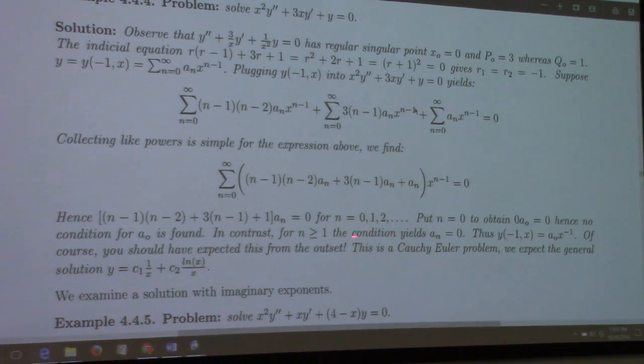So the Frobenius solution with index minus 1 is just a sub naught times x to the minus 1, which of course is our beloved Cauchy-Euler solution from test 1, right? So it's saying that in the case of Cauchy-Euler, the Frobenius series just truncates to the first term. And likewise, this other one, of course, we get the log x over x.